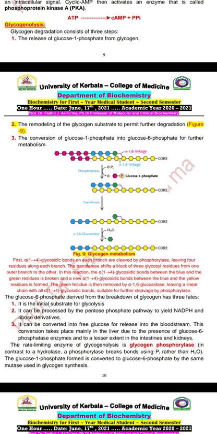The table 3 indicates a comparison between glycogen phosphorylase in liver and muscle.